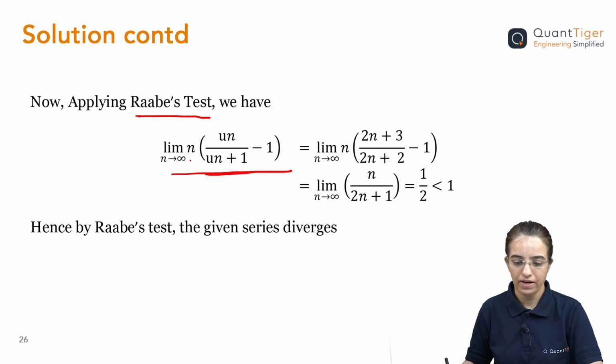If you simplify it, taking the LCM, which is 2n plus 2, I have to multiply 1 by 2n plus 2.